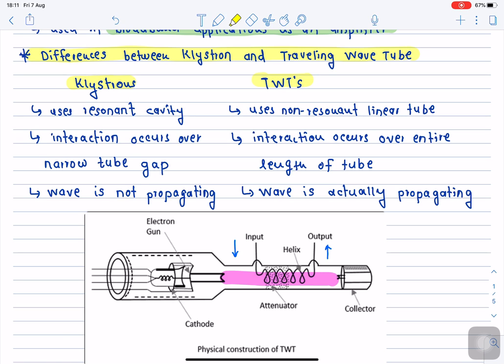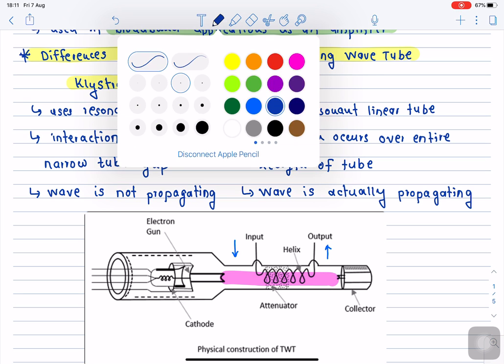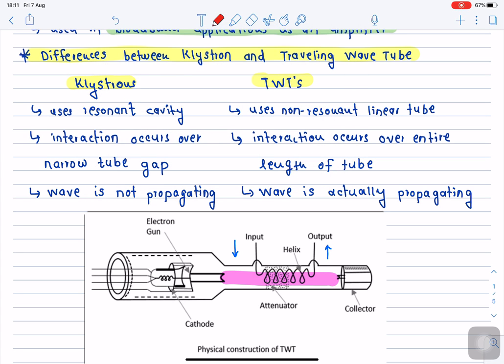First of all, the first point of differentiating is that in klystron we essentially make use of a resonating circuit, right? So klystron makes use of a resonant cavity circuit. On the other hand, if we compare the operation of traveling wave tube, it is a totally non-resonant circuit, right? So the broadband operation of the traveling wave tube is hidden over here.